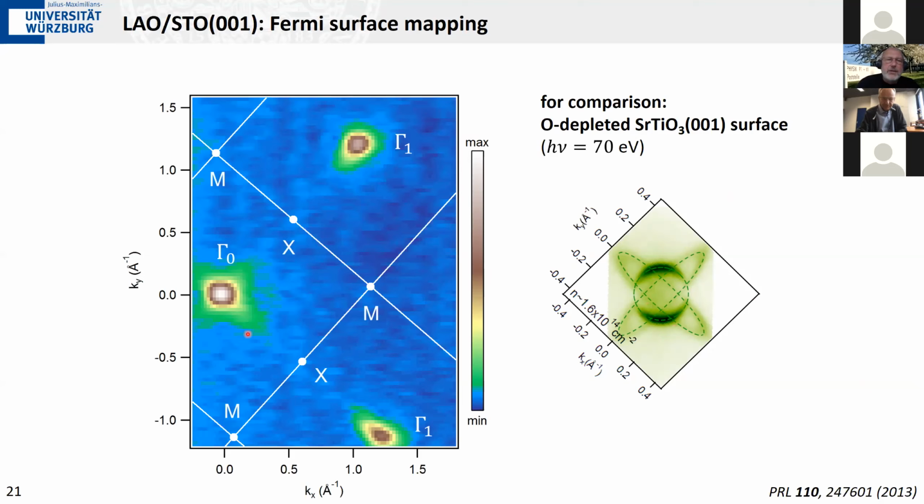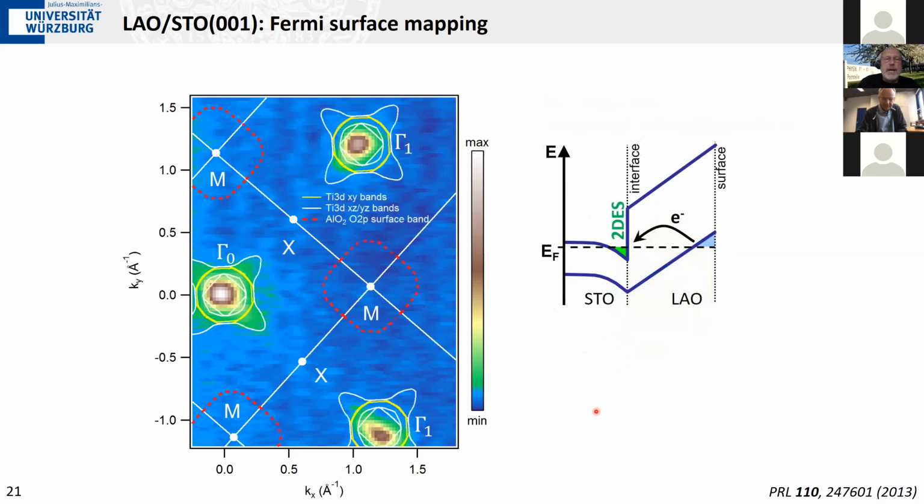You can barely see this cross-type intensity distribution here. We cannot clearly resolve it, but clearly what we can say is we have electron pockets around the gamma points. You can then compare this to band calculations. This is done here, and there is agreement within the resolution, of course.